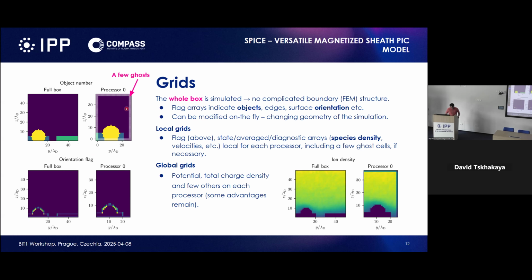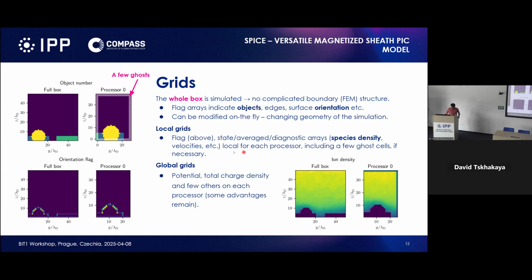So if we decided to simulate, for example, erosion, when one of the grid points is eroded and the plasma takes its place, we could do it also, although we did not yet do any productive simulations with that. And all the flags related to that can again be modified.